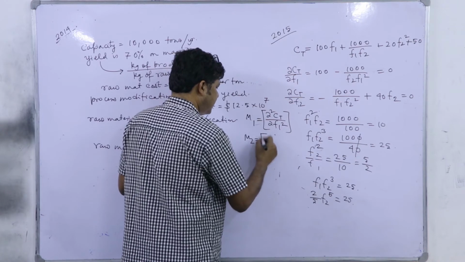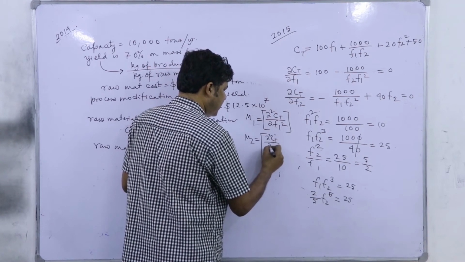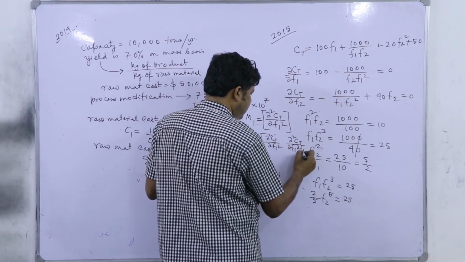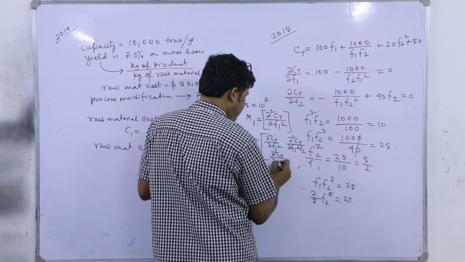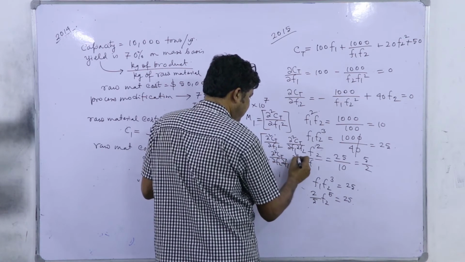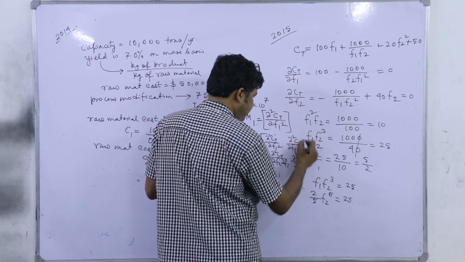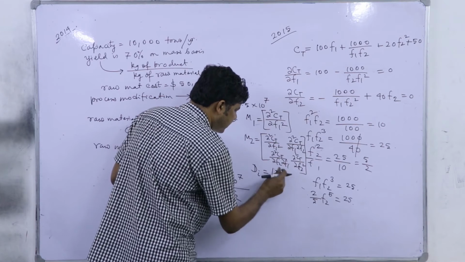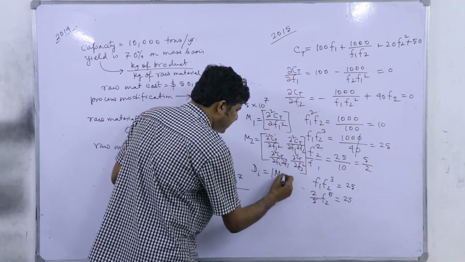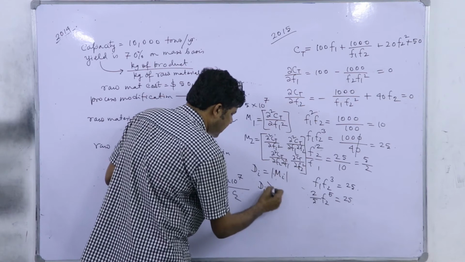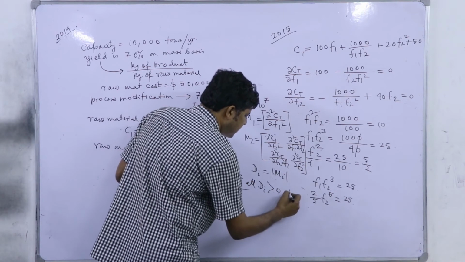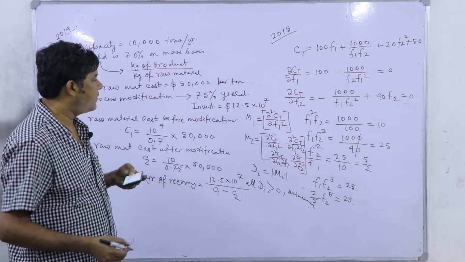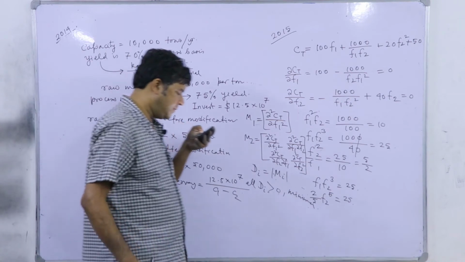M2 is del square Ct del F1 square, del square Ct del F1 del F2, del square Ct del F2 del F1, del square Ct del F2 square. So, we will calculate the determinant of that matrix. If all Di are positive, then minima. So, you check this condition and from there you conclude about the minima.